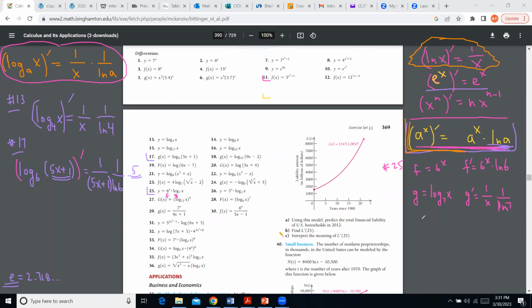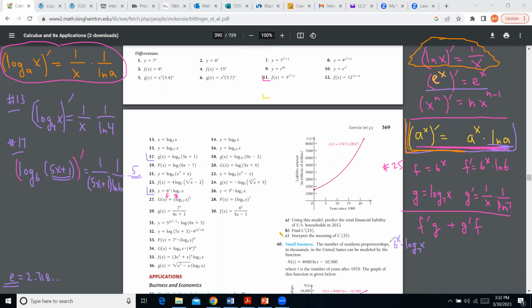So now we are ready to produce f prime times g plus g prime times f, right? Because we actually are dealing with the derivative of a product. So the product of functions 6 to the power of x multiplied by the logarithm base 7 of x.